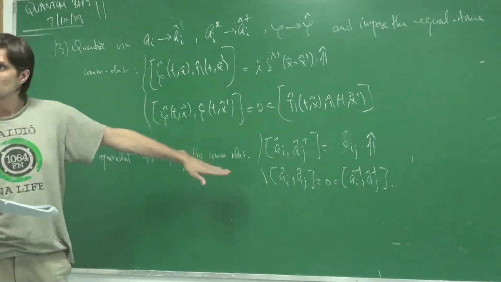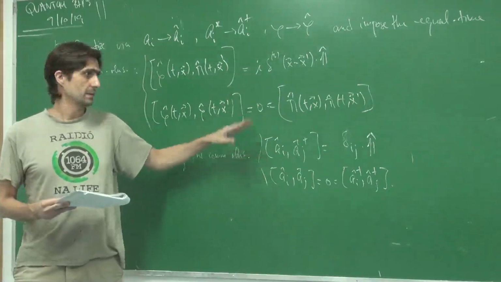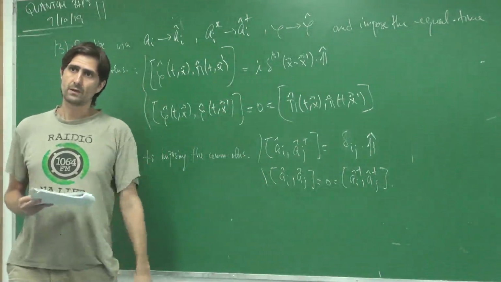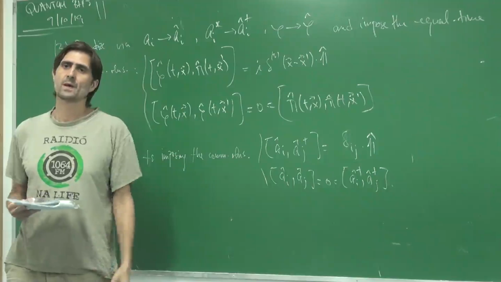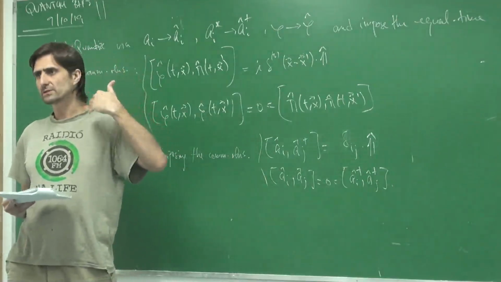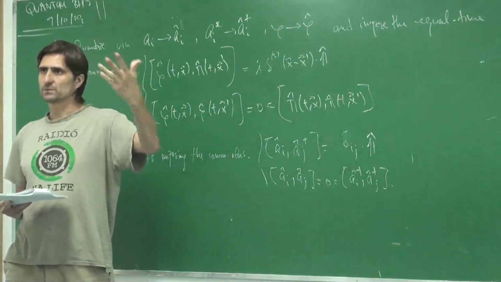Okay, so this prescription is coming from the harmonic oscillator, and we've seen that that's equivalent to imposing these equal time commutation relations on the field and the canonical momentum. This is just the QFT equivalent of [q,p] equals i in quantum mechanics.